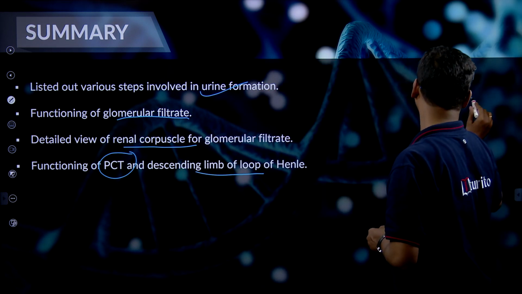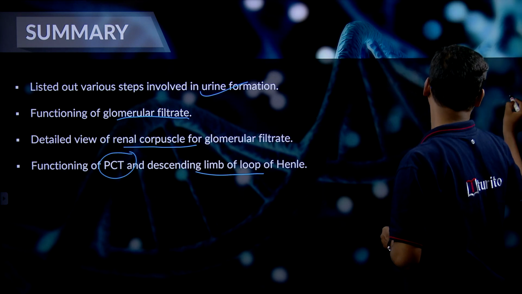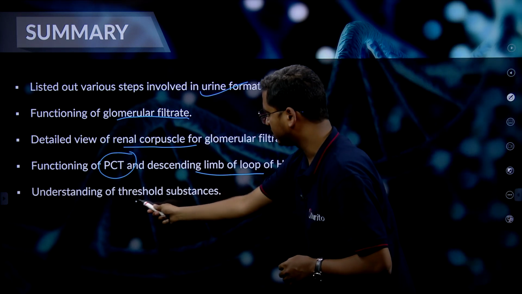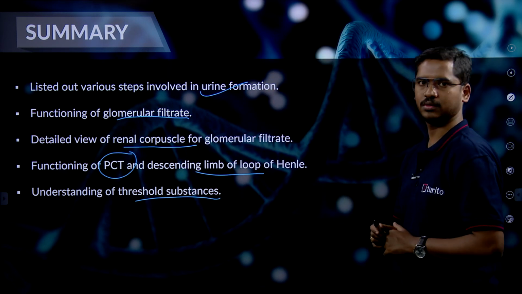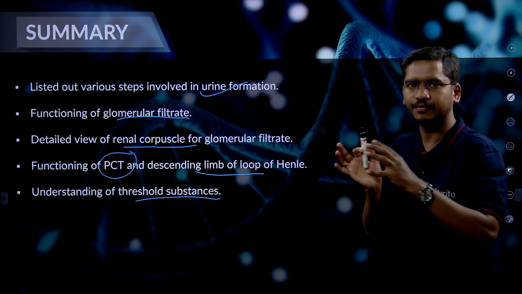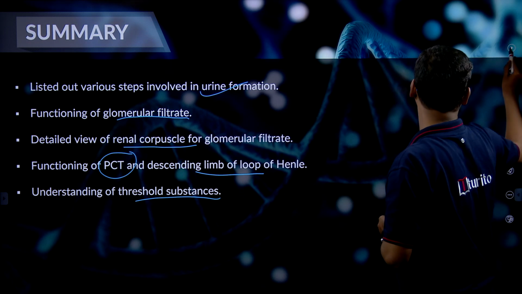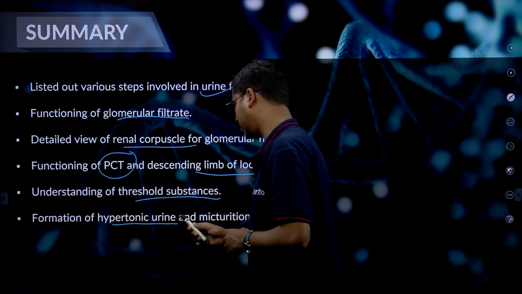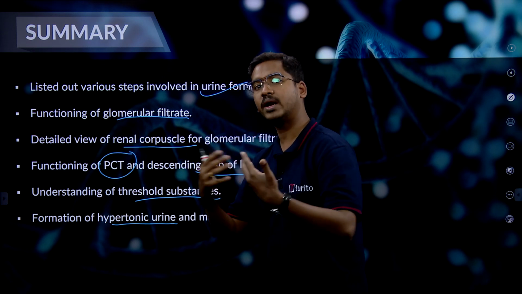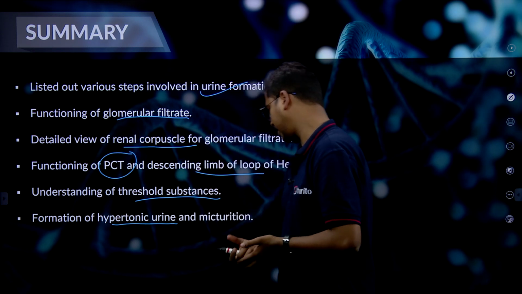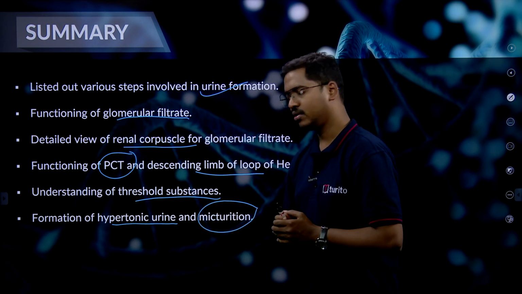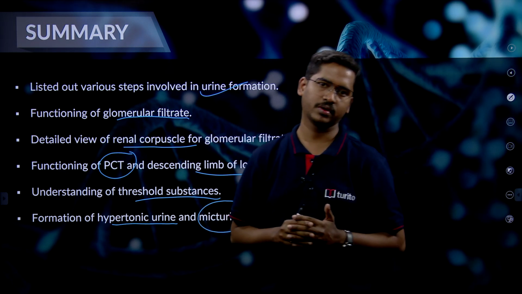We also understood the threshold substances present in the filtrate. Once done, we looked at the hypertonic urine formation, which is expelled from the urinary bladder by a process called micturition, right. This is what we had for this particular session.